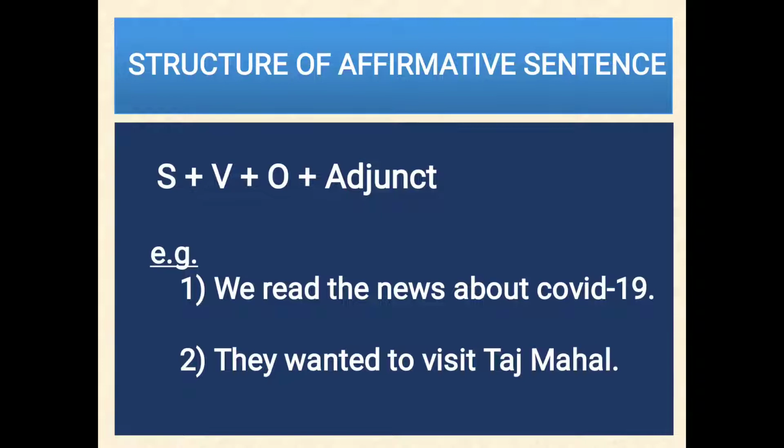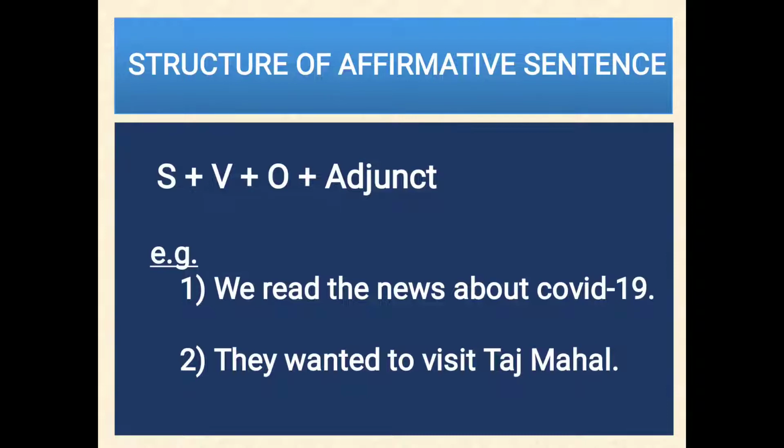Let's learn the structure of an affirmative sentence. The structure is subject plus verb plus object plus adjunct. So here is one example: We read the news about COVID-19. And one more: They wanted to visit Taj Mahal.